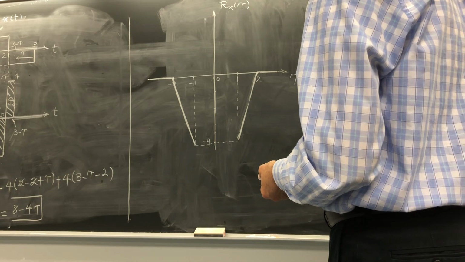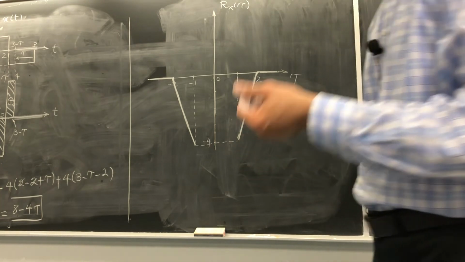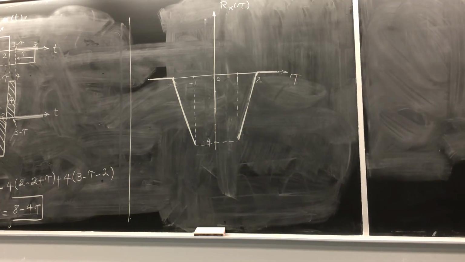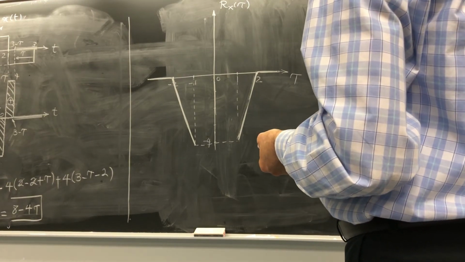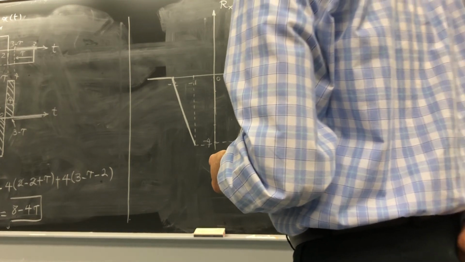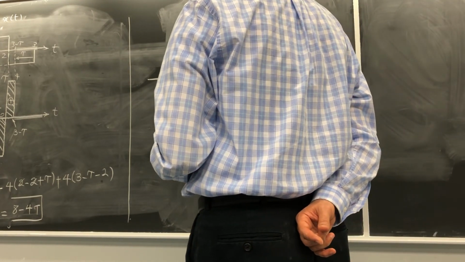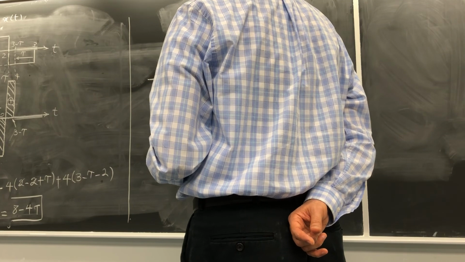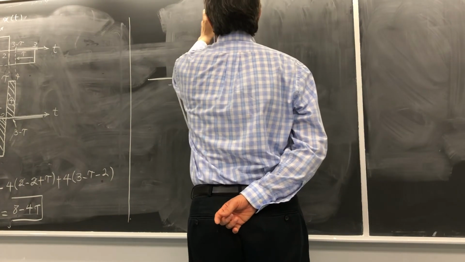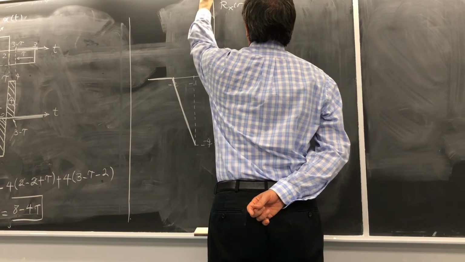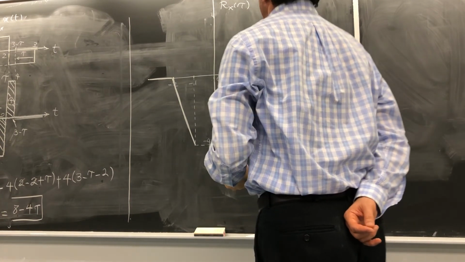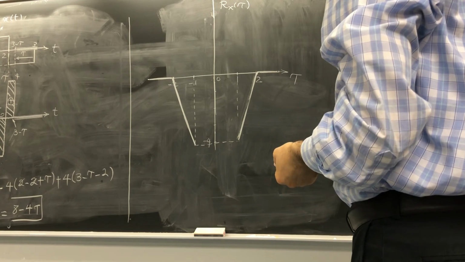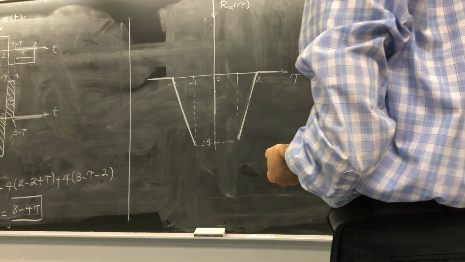wrong here, please double check, because this was just something I threw out here on the board, not something I already prepared for you. So at 0 we've got 8. Please double check to make sure that I didn't make any mistake.